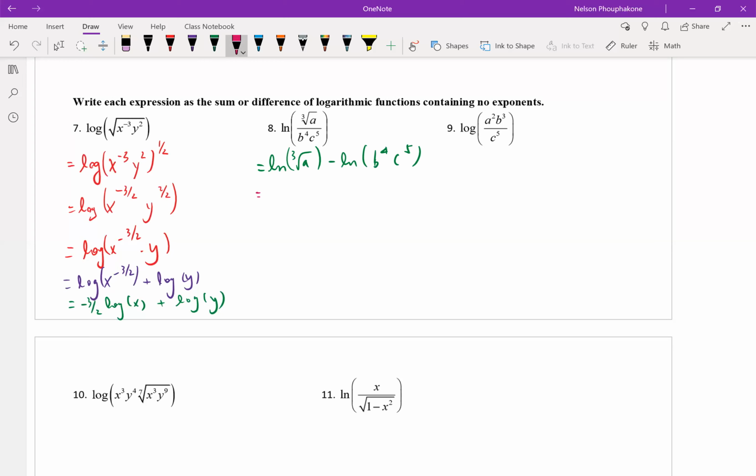Then I could have natural log of a to the 1/3 power, and then minus natural log of b to the 4th plus natural log of c to the 5th. Like this.